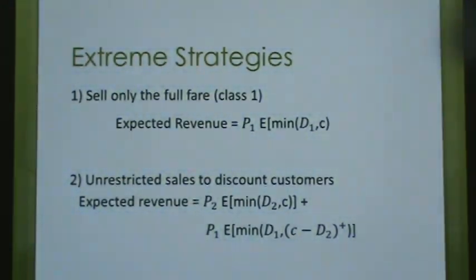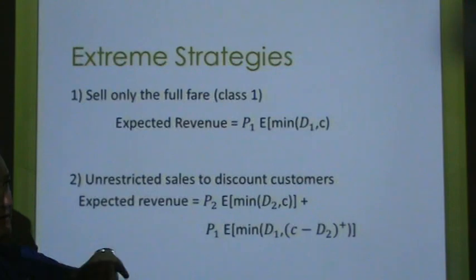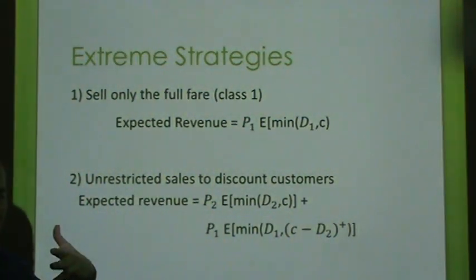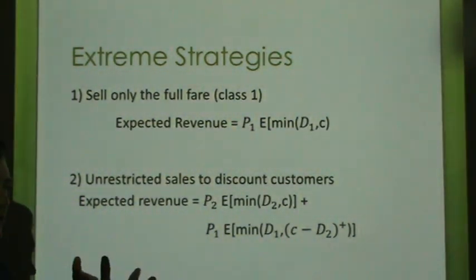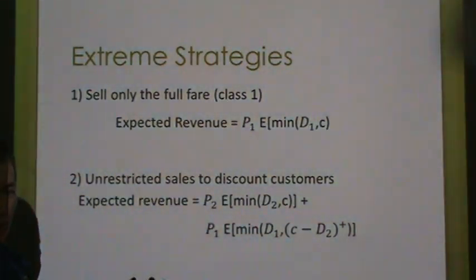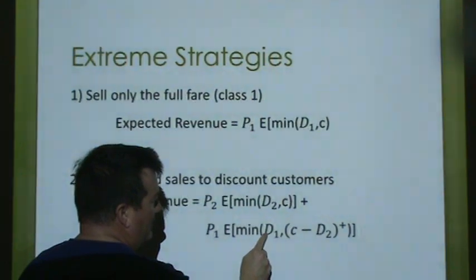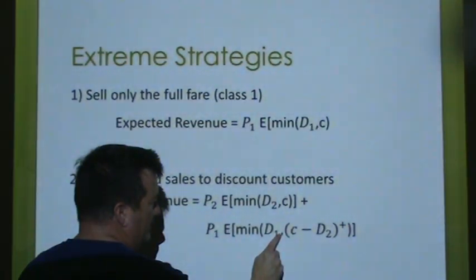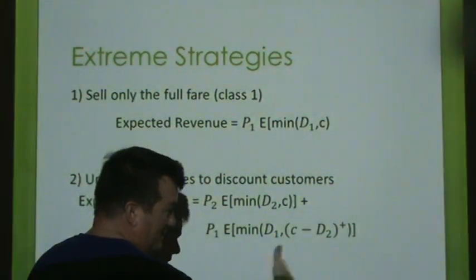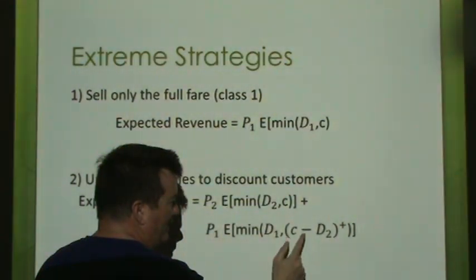It would be the higher price times, of all the seats left over after the lower price ones ate up all those seats, whatever is left over, or the amount that was demanded, whichever is lower. So we take the minimum of the demand at the higher price, or the number of seats on the plane minus all the people, because we're selling all of them. Whichever of these two is the lower number.